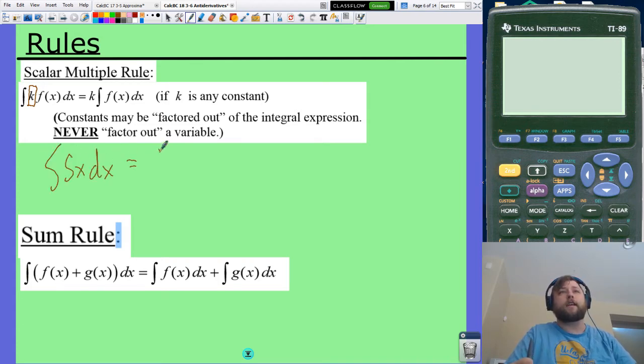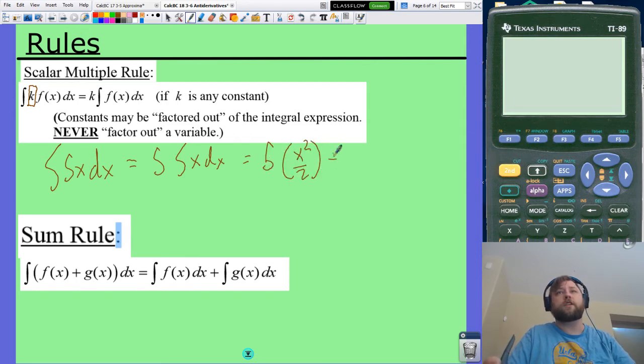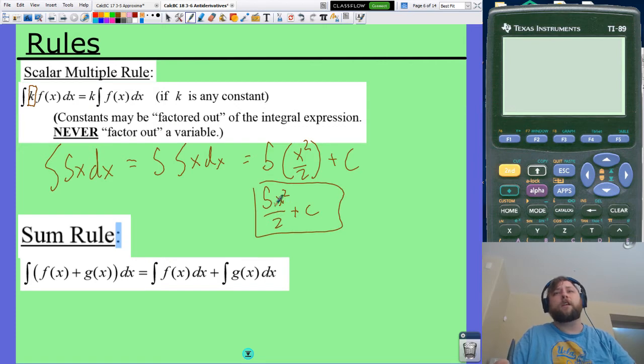Well, I could rewrite that as 5 times the integral of x dx, and the antiderivative of x is going to be 5 times x squared over 2 plus c. So I could write this as 5x squared over 2 plus c, and I'm right. And you could take this backwards if you ever want to differentiate it, and you would get back to 5x.